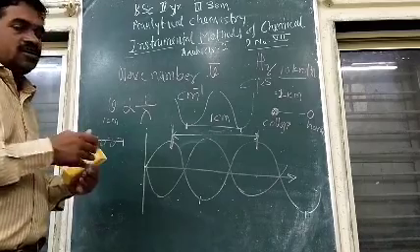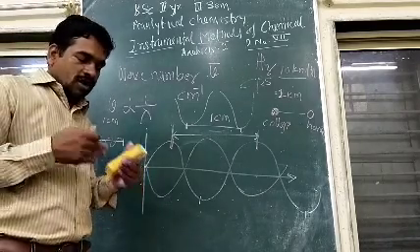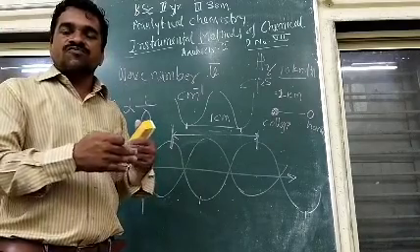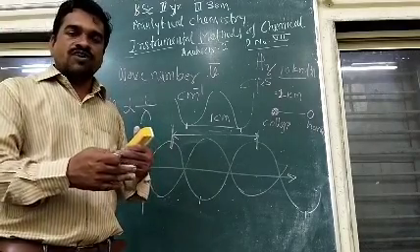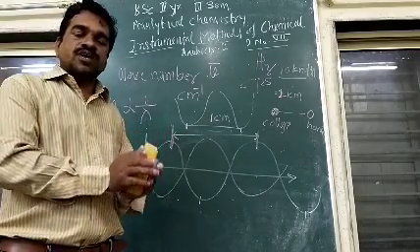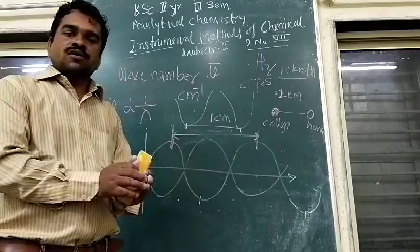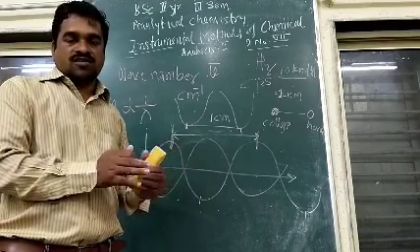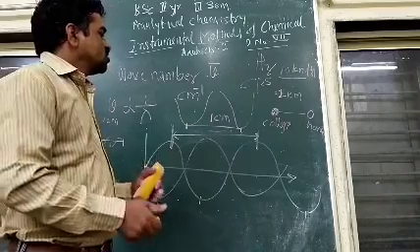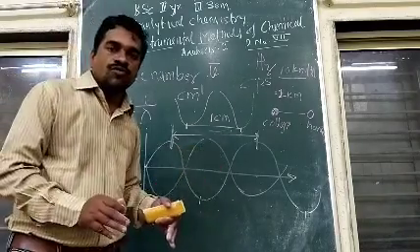Now we have said the electromagnetic radiations are energy. It is a form of energy that travels through space in the form of waves. Now it must have some energy, it may be greater, may be higher. Then what would be the energy associated with this electromagnetic wave?